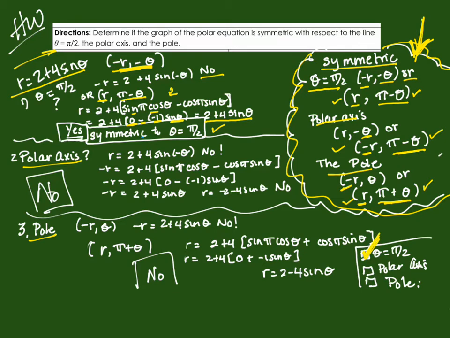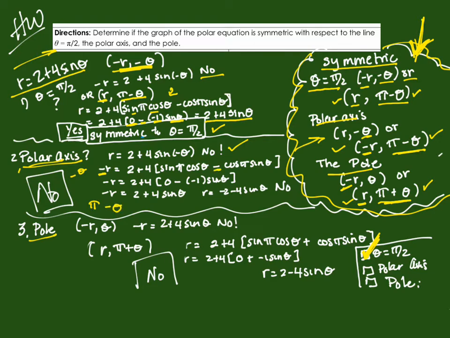So then you keep going. You can't just do one, you have to do all three. Check for the polar axis, and here's me substituting in just a negative theta. You would get r equals 2 minus 4 sine theta, so that's a no. Then here's the other check for the polar axis: you do negative r and pi minus theta.